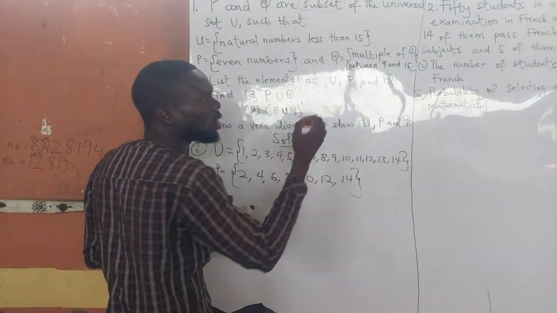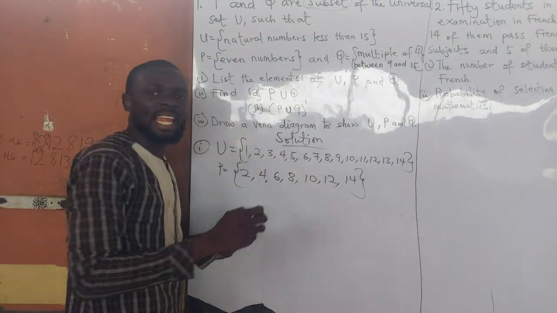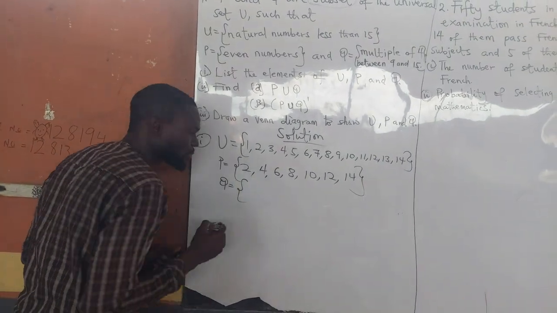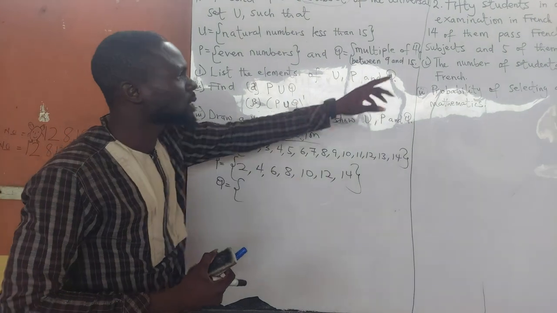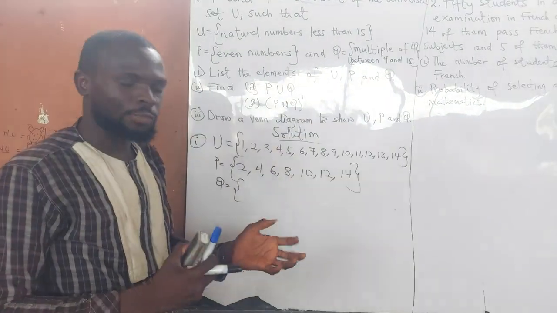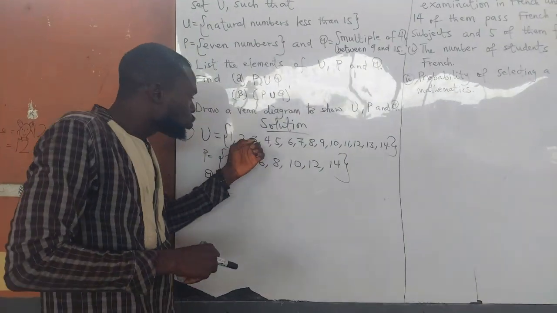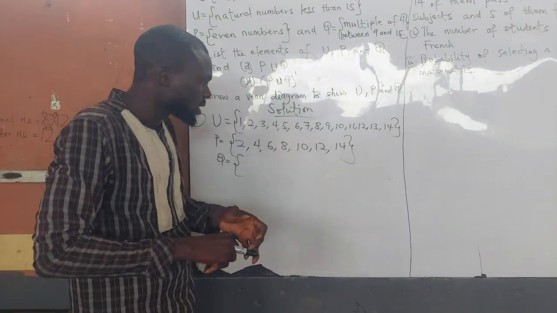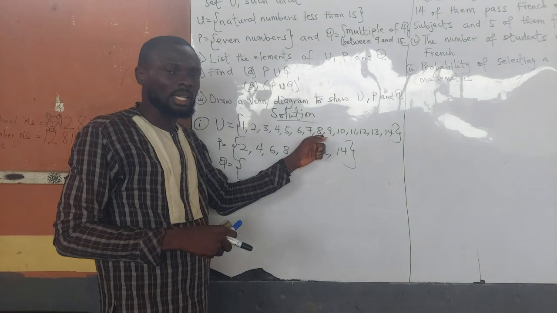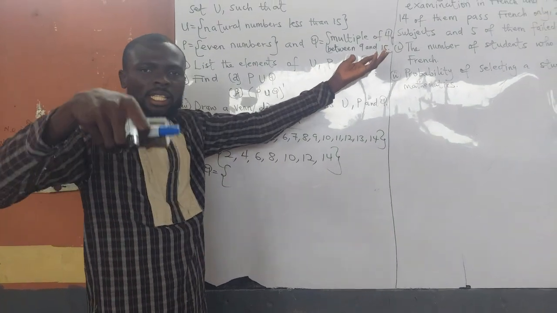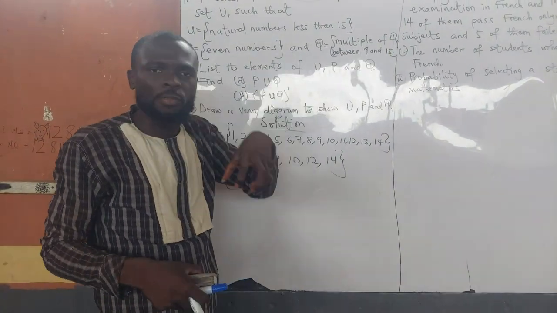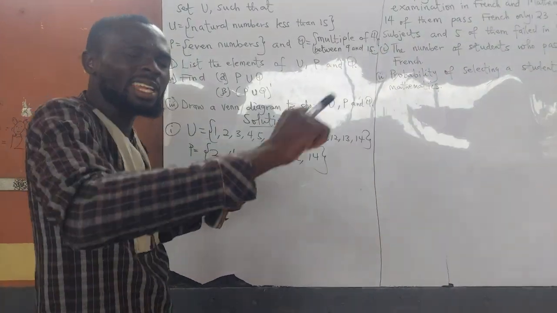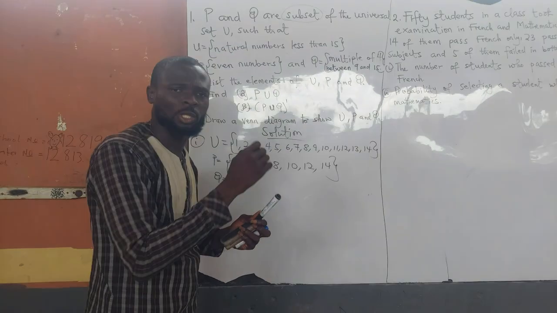Now let's go to Q. Q is multiples of 4 between 9 and 15. If I want the multiples of 4, they start from 4, though we have the 4 in the universal set, then go towards 8. We also have the 8 in the universal set. But you have been given a condition that the multiples of 4 are between 9 and 15. So between 9 and 15, what number is a multiple of 4?